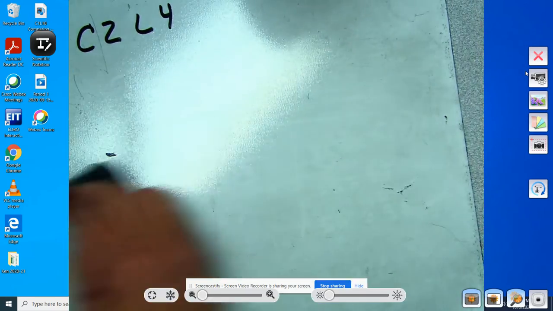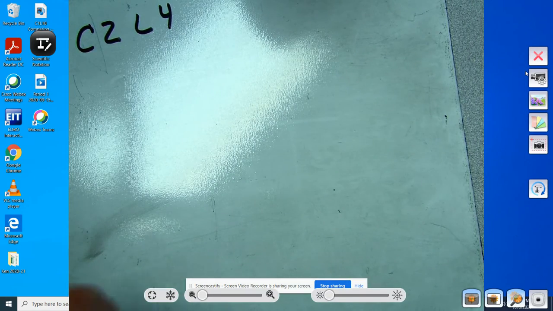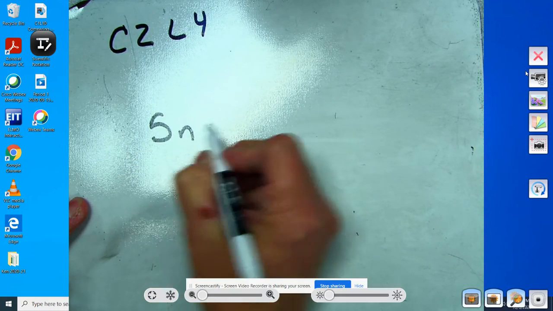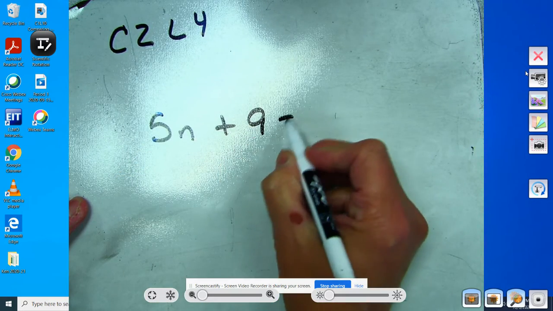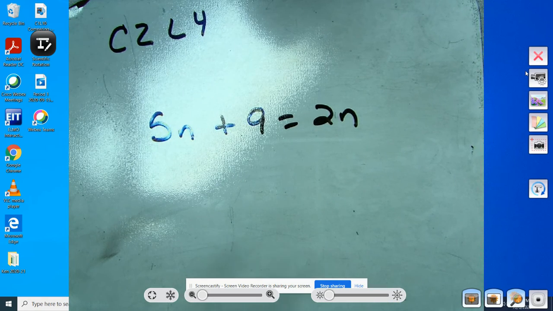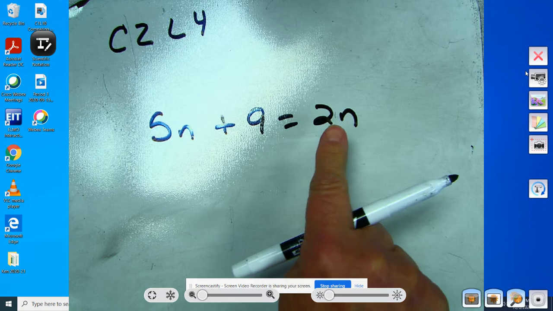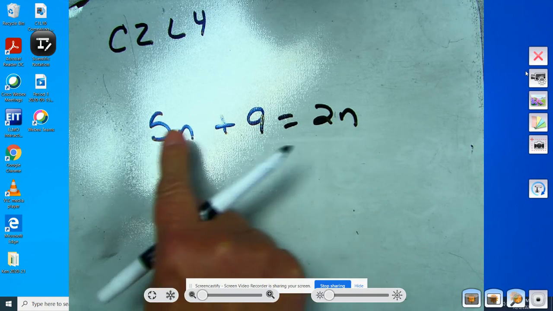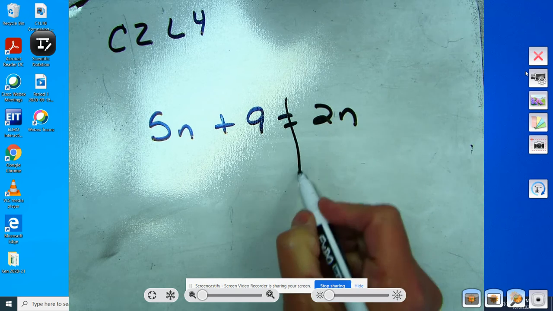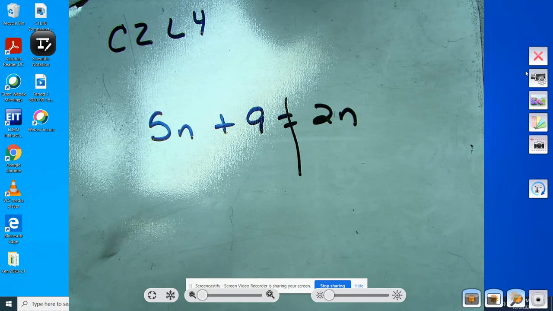Let's try another one. What if we had an equation that said 5n plus 9 equals 2n? Okay, so I've got a variable, a constant, and a variable. Variable, variable. So if I put up my fence, I have variables on both sides of the fence.